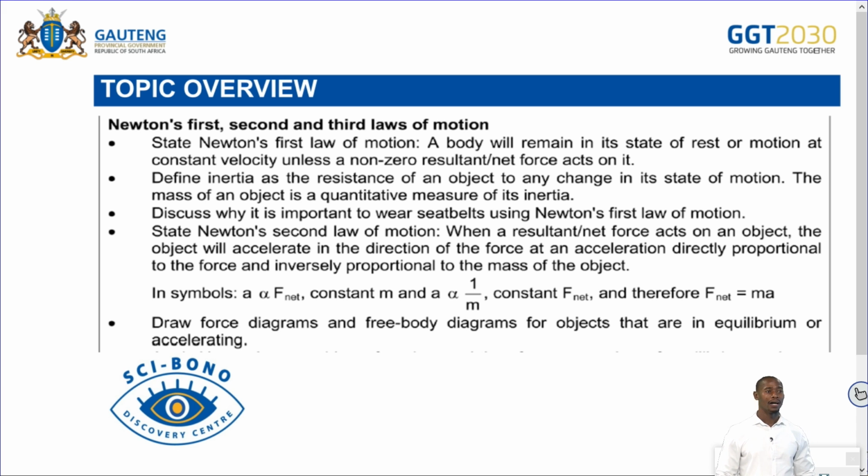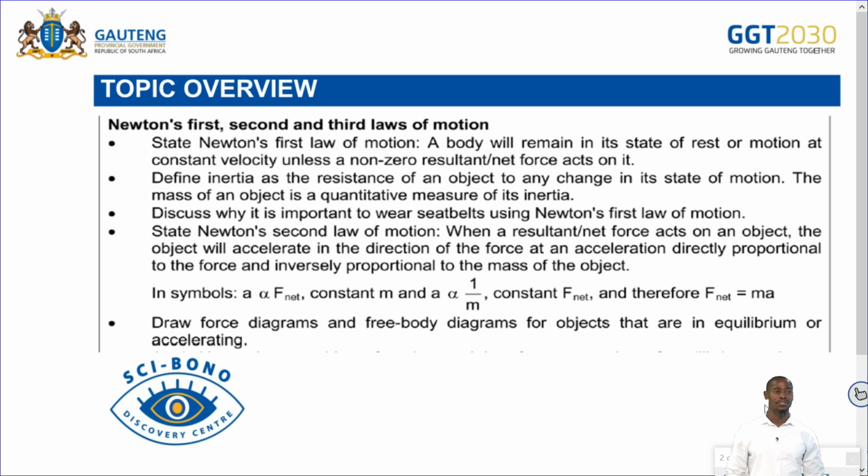One, we are supposed to be able to state Newton's first law of motion, as it is from the examination guideline, which states that a body will remain in its state of rest or motion at a constant velocity unless a non-zero net resultant force acts on it.